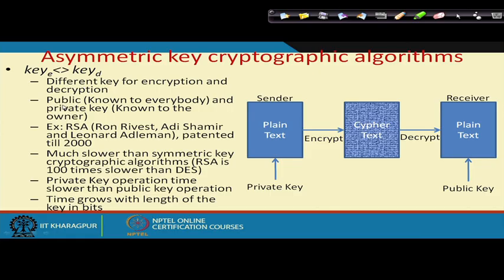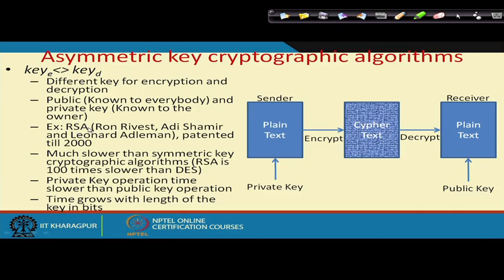Every entity participating in this process needs to have two keys: one key which is private to him, called the private key, and another key which is known to everybody else, called the public key.